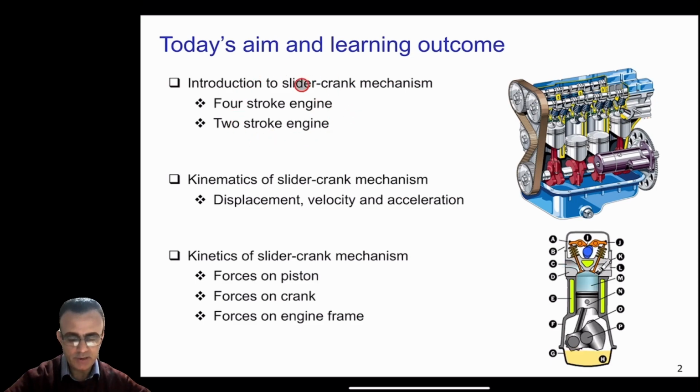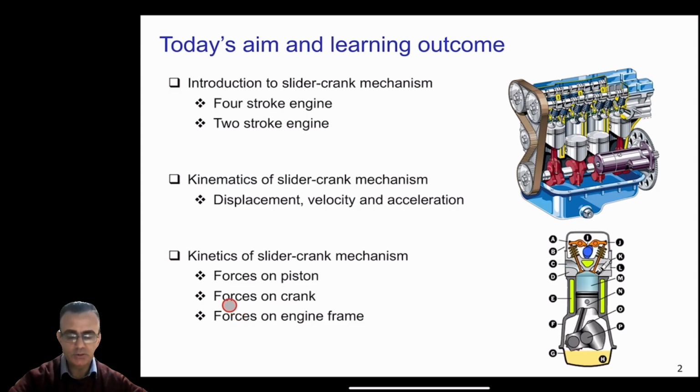We will explain these two types of engines in detail, and then we will discuss the kinematics of the slider crank mechanism. This includes how you calculate the displacement, velocity, and acceleration of the piston if you know the angular velocity of the crankshaft, for example. Finally, we will also discuss the kinetics of the slider crank mechanism.